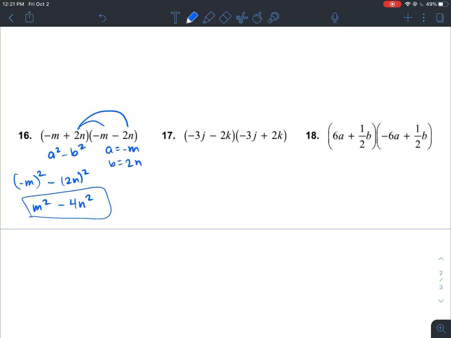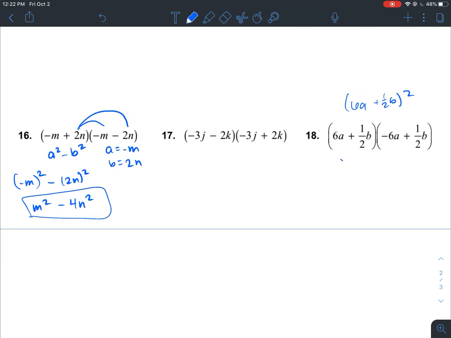Now I'll let you try 17. Let's try number 6 because this one looks scary with the fractions. So I'll try and help you on this one, okay? So these are similar right here, but you see that these are both positive. So this is the same thing as 6a plus 1 over 2b, squared.